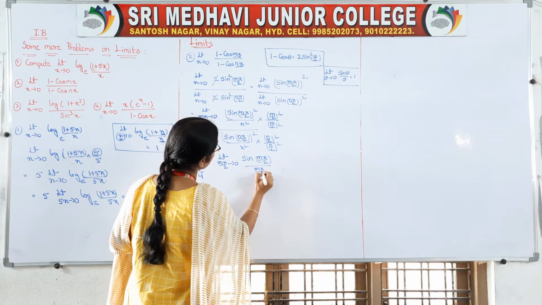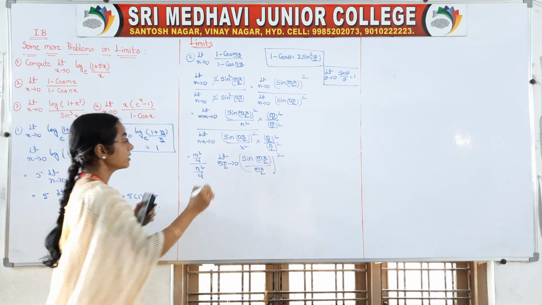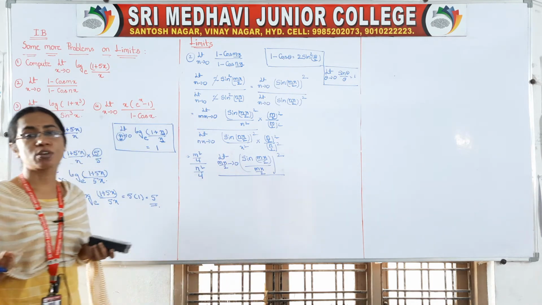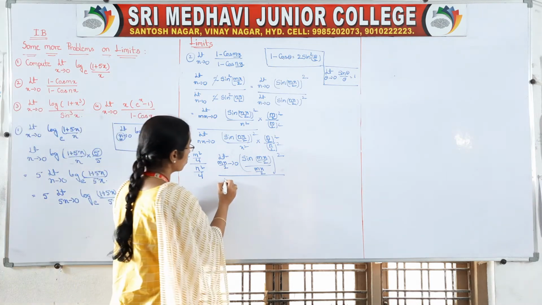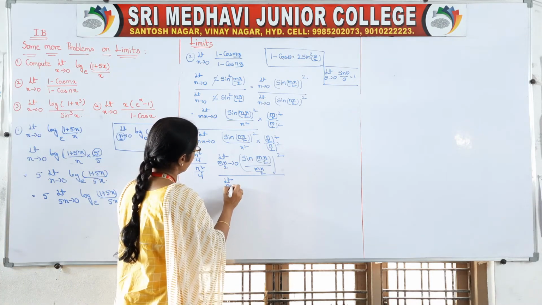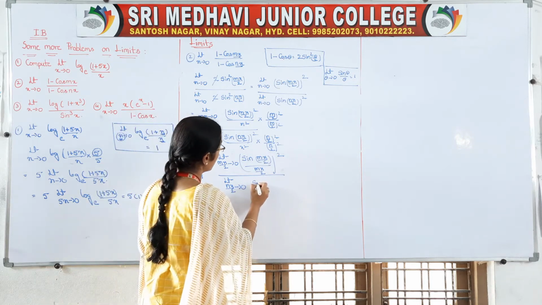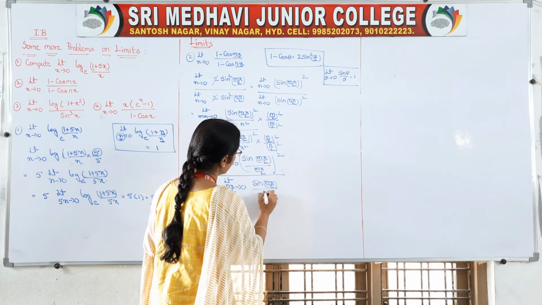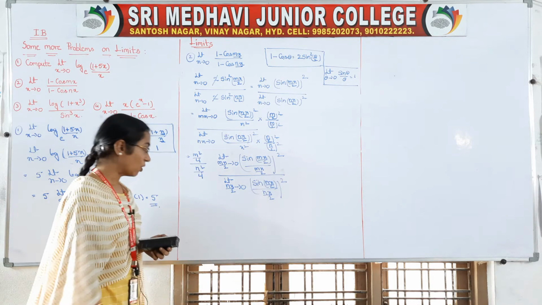So mx by 2 whole square. Okay. Similarly, downwards also, if nx tends to 0, nx value is 0, 0 by anything is 0 only. So we can take limit nx by 2 tends to 0, sin nx by 2 by nx by 2 whole square. Okay.